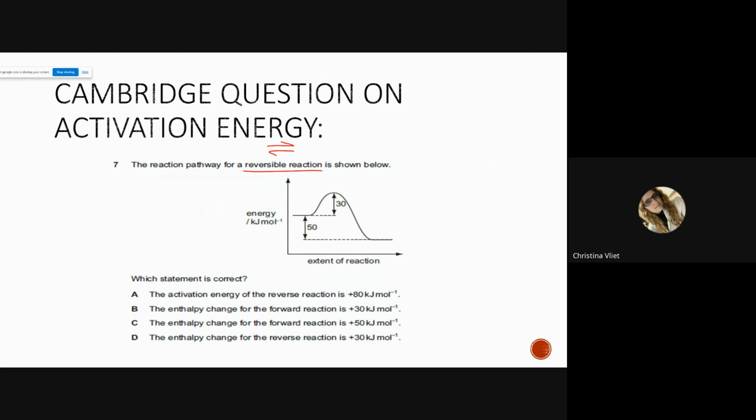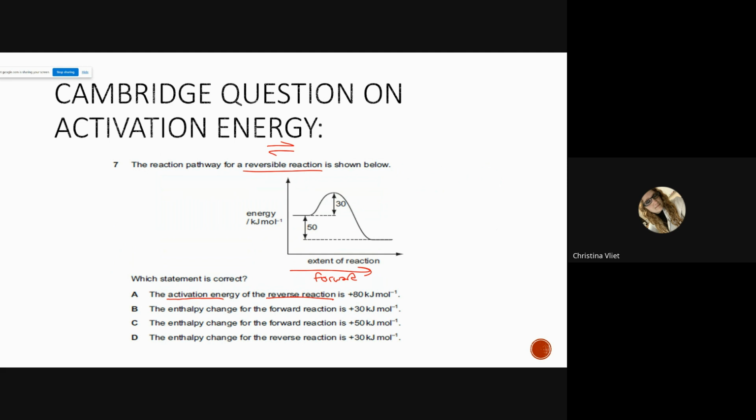So which statement is correct? The first statement says the activation energy of the reverse reaction is 8. Is that correct? When we look this way, this is what we call the forward reaction. That's what Cambridge is going to use.